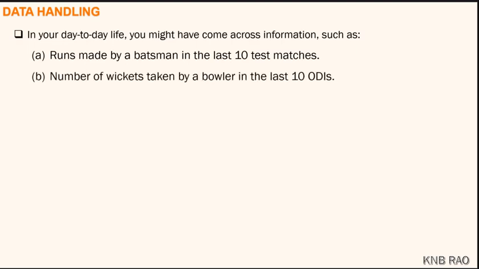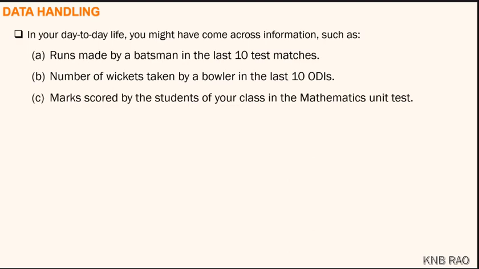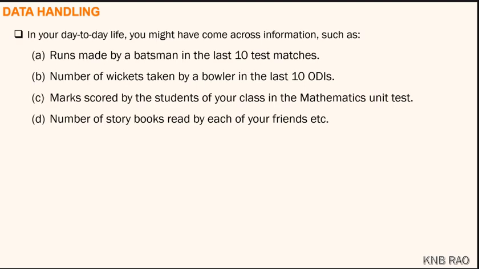Similarly, number of wickets taken by a bowler in the last 10 ODIs, meaning one day international matches. For example, another information such as marks scored by the students of, let's say, my class in the mathematics unit test, then number of storybooks read by each of your friends, etc. All these are examples of information.